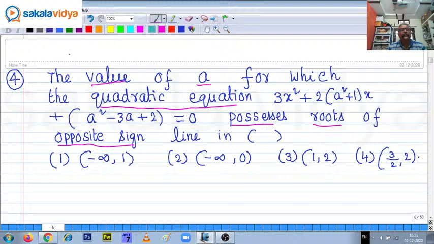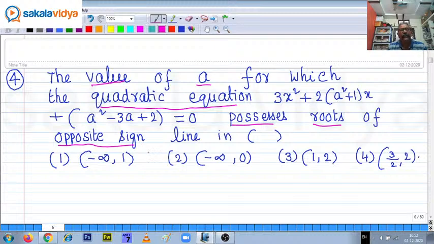So we come to know that the roots are real roots. Real roots means its discriminant is greater than 0, and roots of opposite sign means the product of the roots is less than 0, because alpha is positive, beta is negative, so alpha into beta will obviously be less than 0.